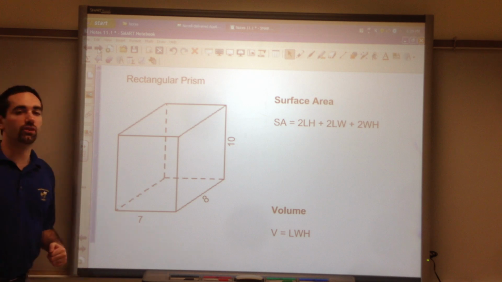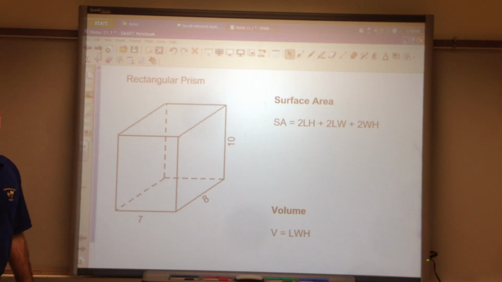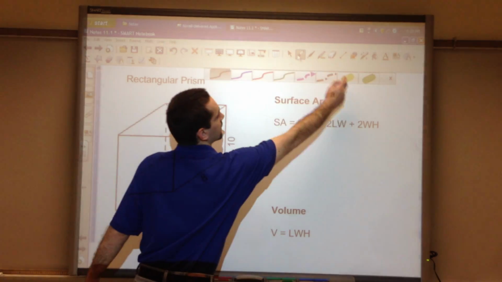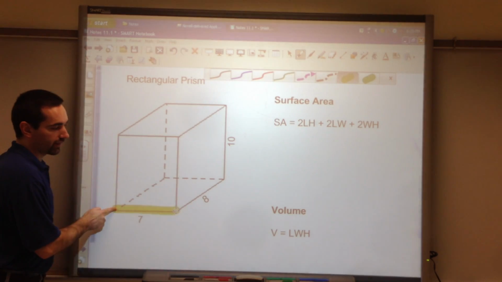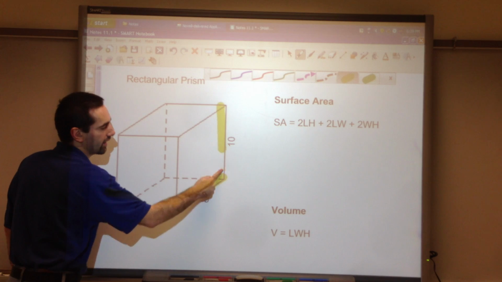So let's do the surface area of a rectangular prism. Width, length, height.